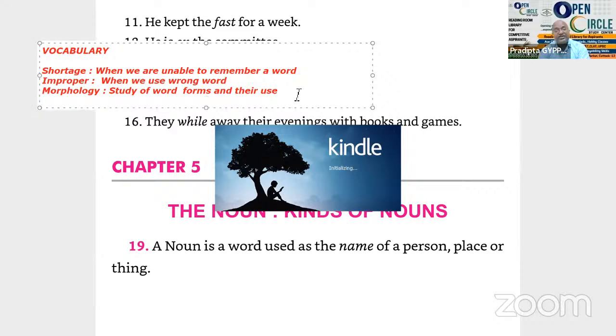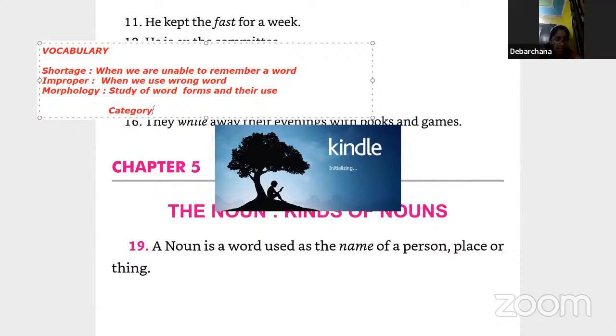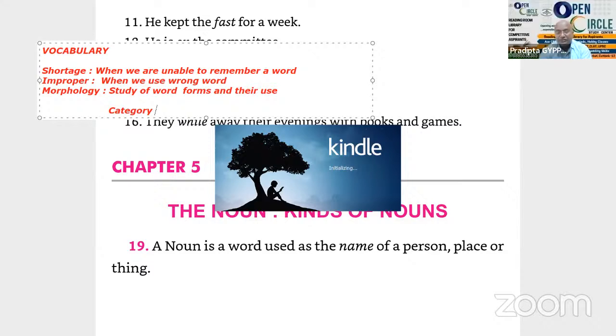Let us try to understand it with an example. Suppose I have a word here written: category. Can anyone tell me what type of word this is? Is it a noun or adjective or adverb or a verb? So noun. Good. Category is a noun.